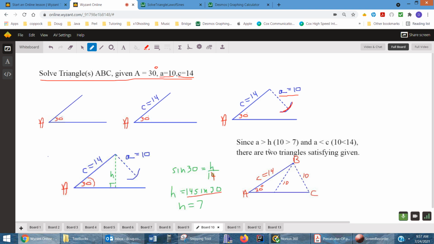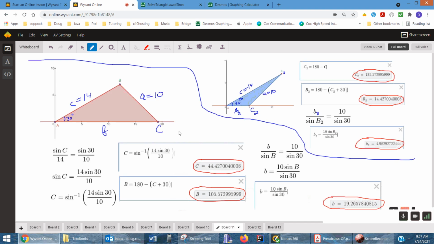But since A is greater than H, 10 is greater than 7, and less than the fixed side, we know that side A is going to hit this ray at 2 different points, creating 2 different triangles. The big one, and then this one here, where angle C sub 2 is obtuse. So let's go to the next board and actually solve that triangle.